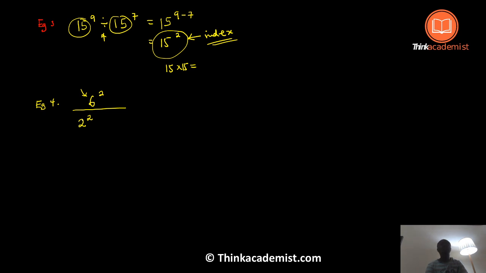And if we want to take 2 as our base number, we ask: 2 raised to the power of which number will give us 6? And we don't really know.